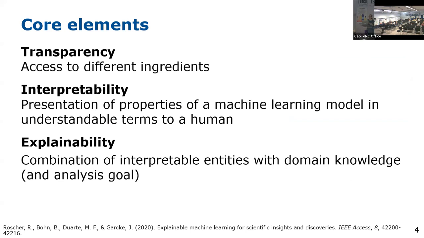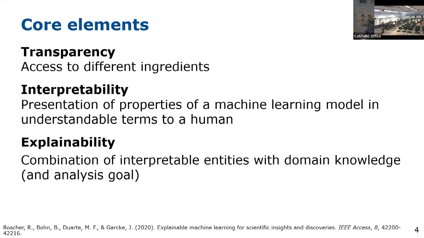Transparency is concerned with different ingredients like the architecture or the learning algorithm. But quite often we have access to them, and sometimes we even know why people use specific neural networks. So transparency is normally not the problem. The problem is that it's not understandable what's going on in there due to its complexity.